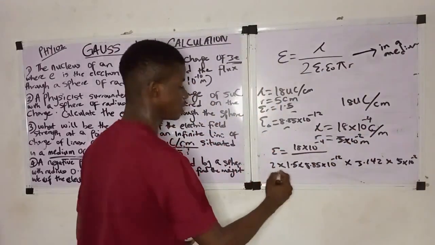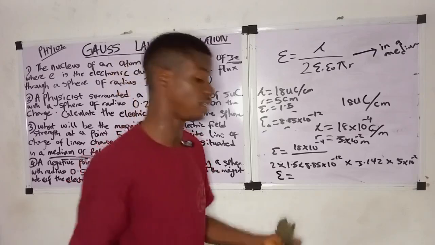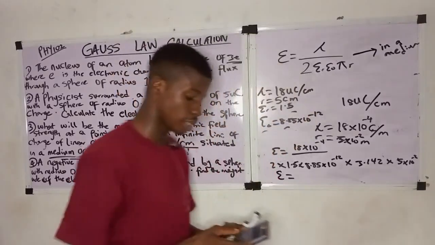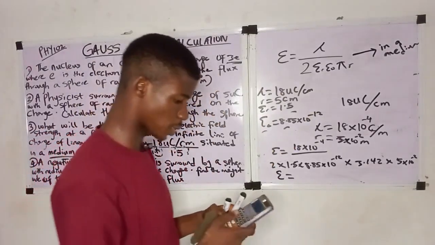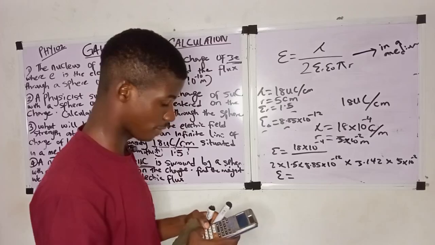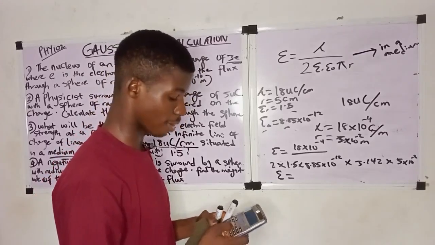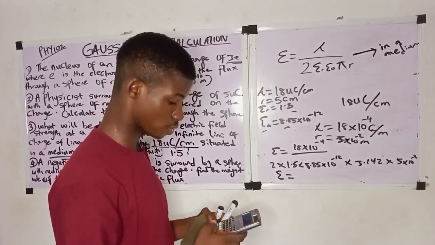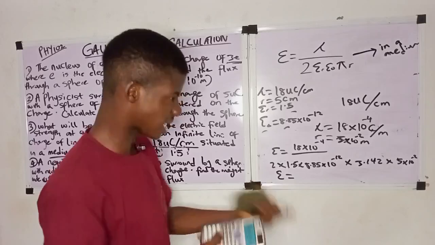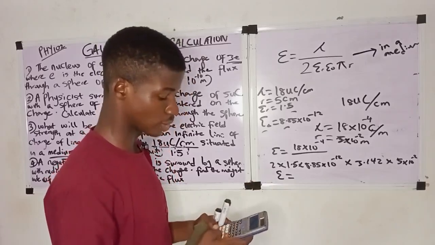If we divide everything, we get the electric field. So 18 times 10 raised to minus 4, divided by 2 times 1.5 times 8.85 times 10 raised to minus 12, then times 3.142, then times bracket open, 5 times 10 raised to minus 2.